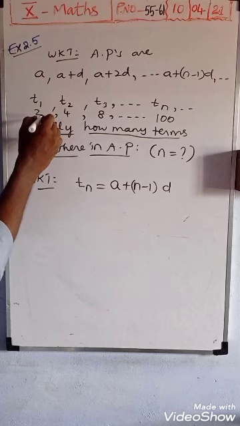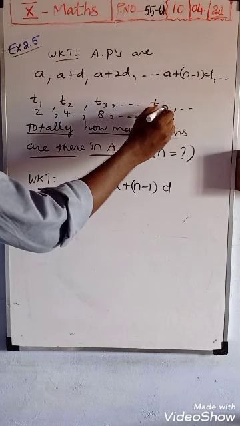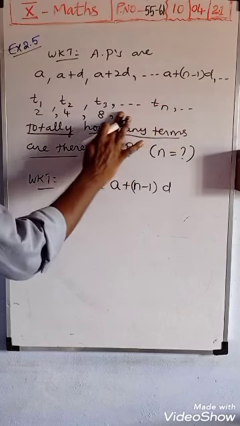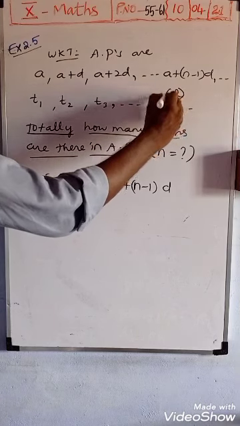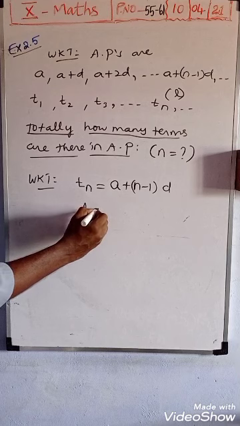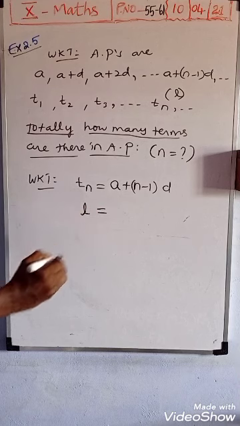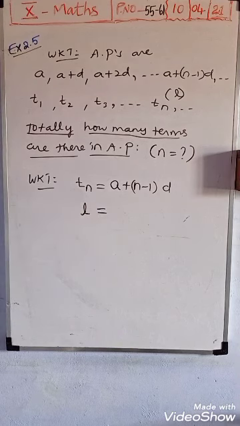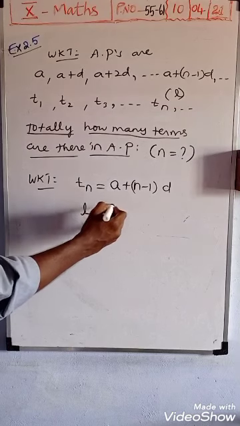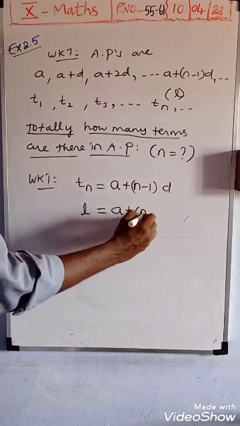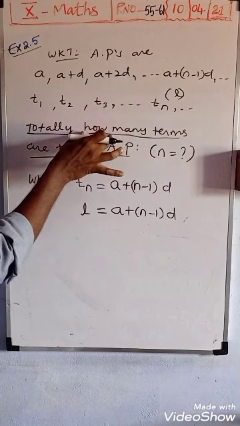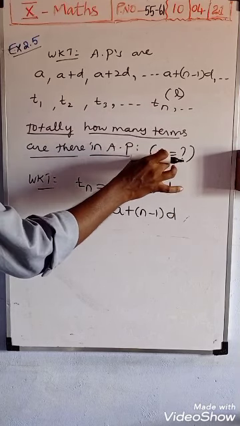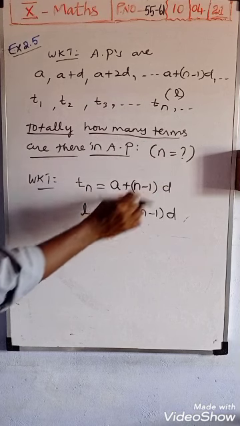How we want to find it: here Tn is considered as the last term. So in the question if the last term is given, L is equal to A plus n minus 1 into D. When the last term is given, totally how many terms are there in that AP, how we want to find n, we will bring the n formula.